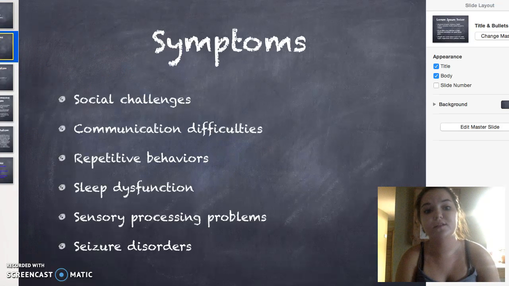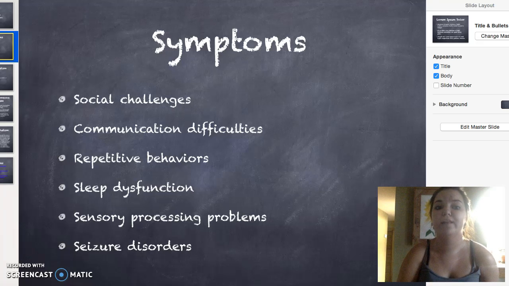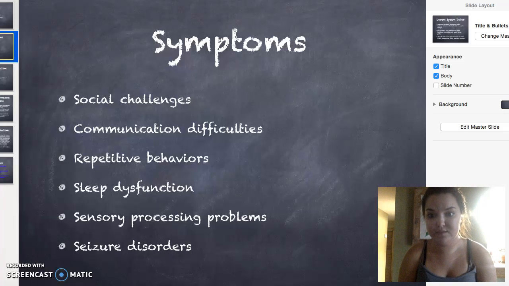The symptoms of autism are social challenges, communication difficulties, repetitive behaviors, sleep dysfunctions, sensory processing problems, and seizure disorders. Basically, what autism is, their brains think differently than ours do. They have a lot of social challenges, like they don't communicate very well with other people.